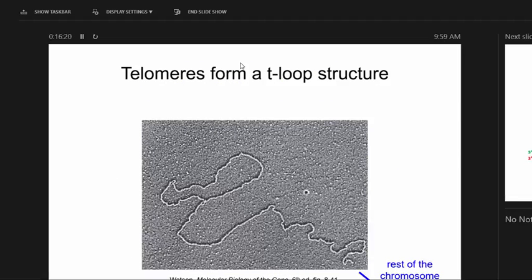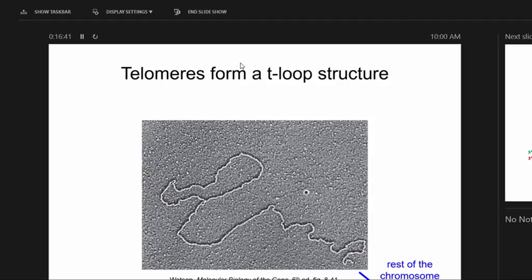All right, so this is how telomeres protect the ends of the chromosome. So the rest of the chromosomes going on down here, this is an electron micrograph. So you come up here, and then you get this T-loop. So it looks like sort of a lasso. This is what protects the end of the chromosome.